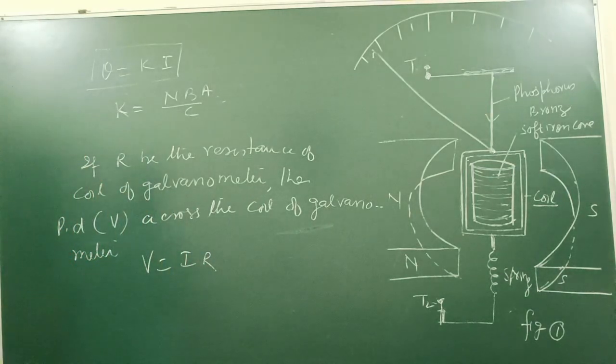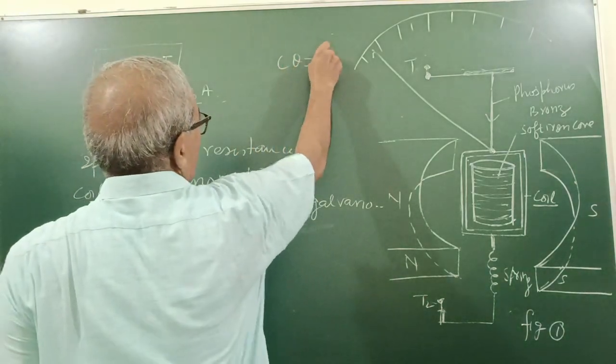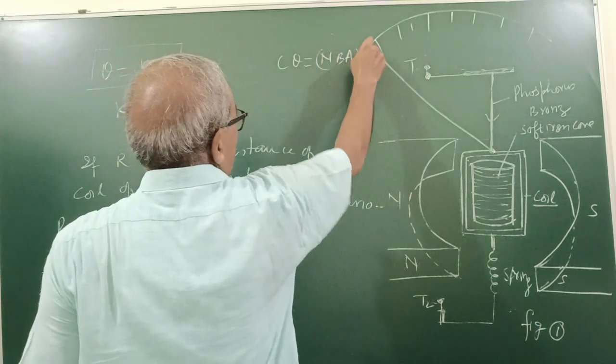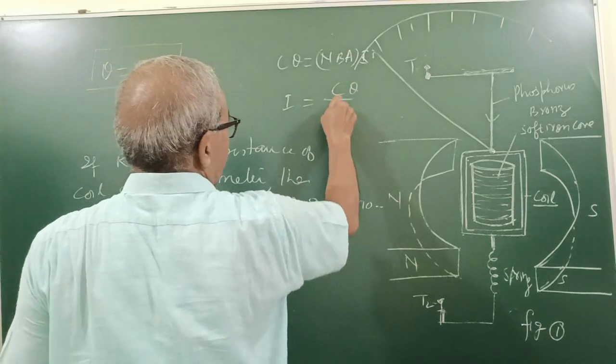but I equal to what? C theta equal to NBA into I, so I equal to C theta upon NBA.